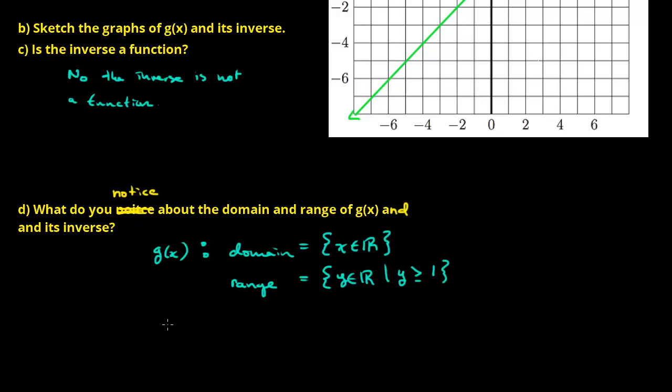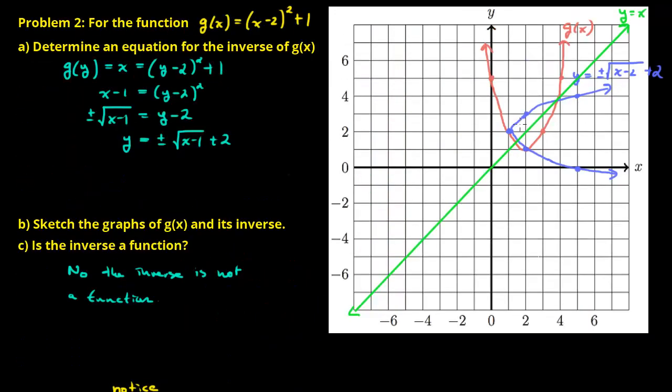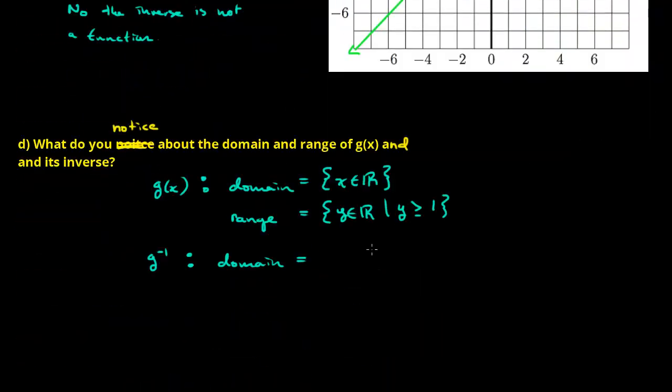And then let's look at the inverse. So let's write this as g inverse. For the inverse of g of x, the domain, let's look at the graph. The domain is x has to be greater than or equal to positive 1.